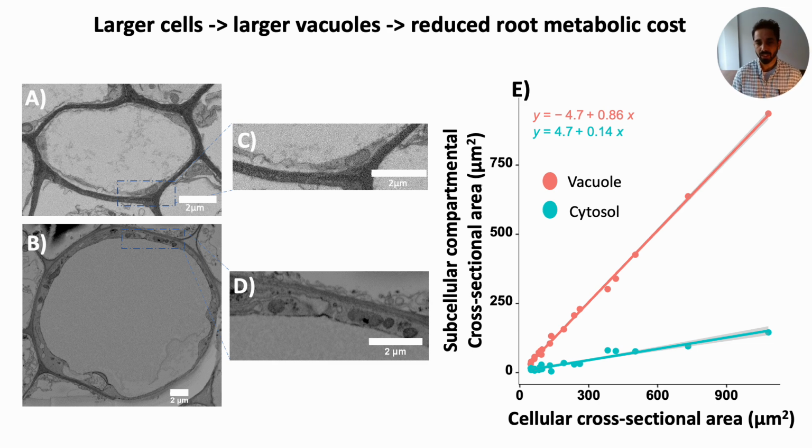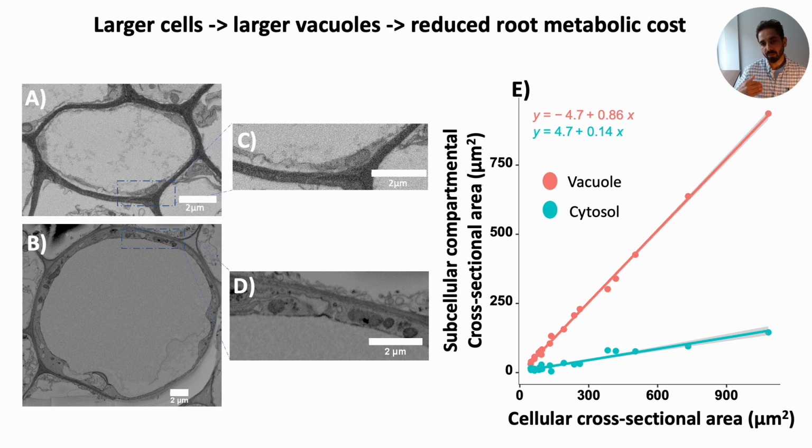This again goes with the hypothesis that with an increase in cell size, there is a huge increase in the vacuole, which is cheaper to maintain, but cytoplasm is not so much. So that was the first half of the story, where we used a model to predict that the vacuoles are involved in reducing root metabolic cost in the case of larger cell size genotypes.